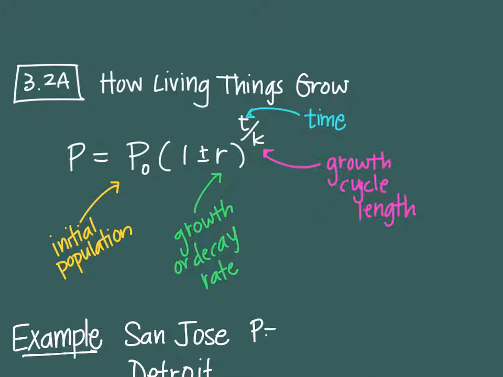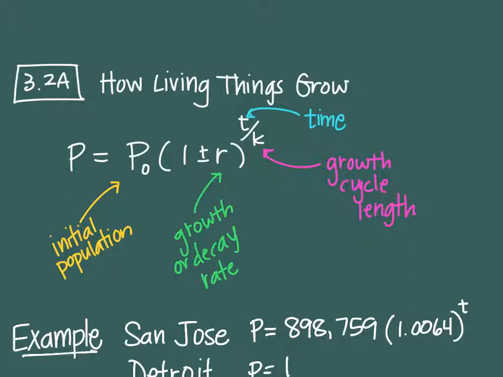All right, so San Jose, a model for the population in San Jose is P equals 898,759 parentheses, 1 plus 0.0064 to the T. And then Detroit, P equals 1,203,368, followed by the parentheses 0.9858, also to the T.